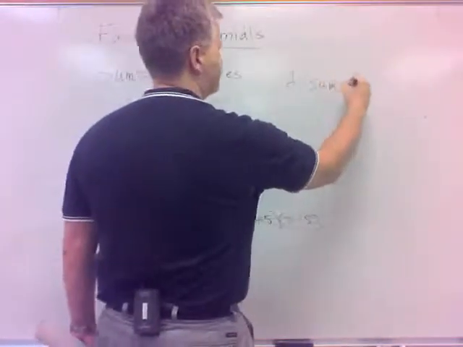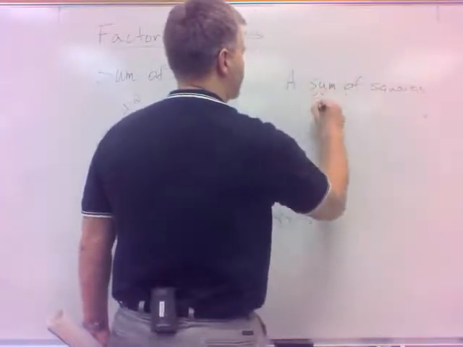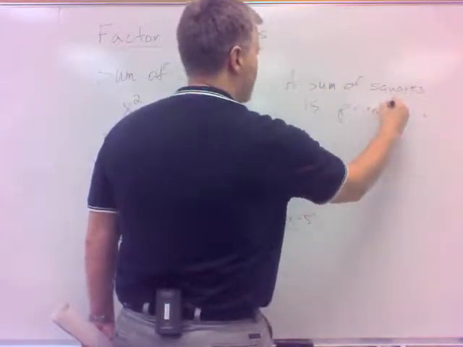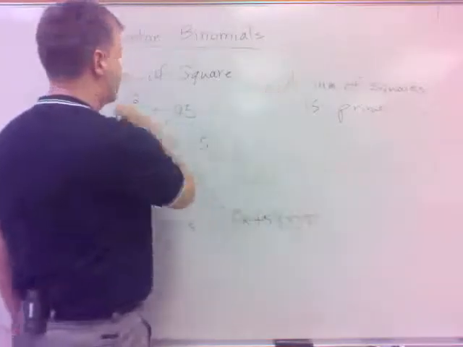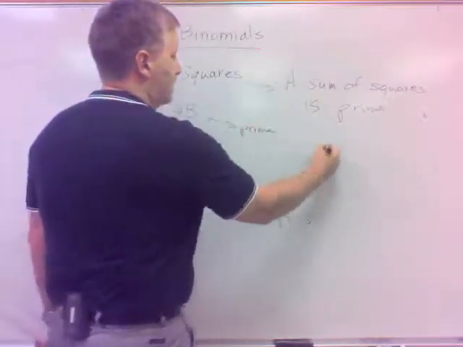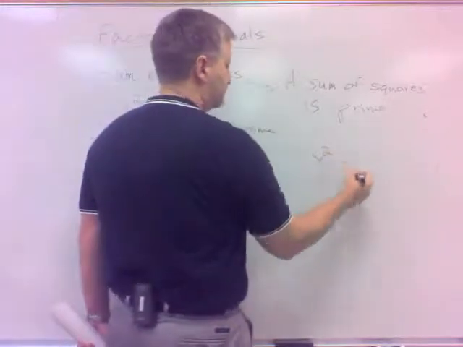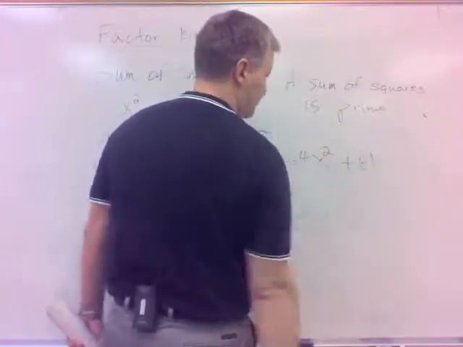Can't factor it. So that minus in between them is important to be able to factor it. If it's a plus between them, no factoring it. So this one is prime. Let's say 64x squared plus 81.